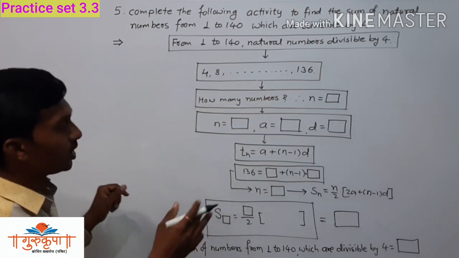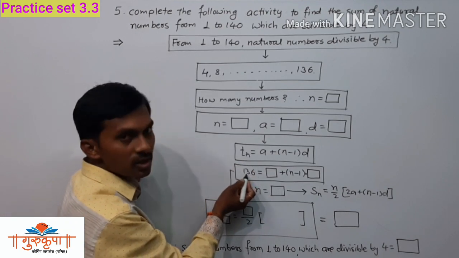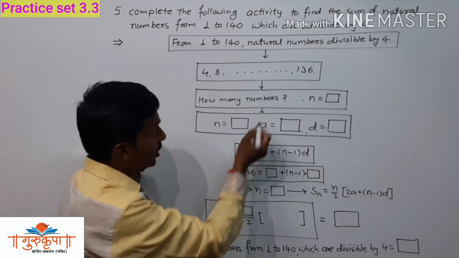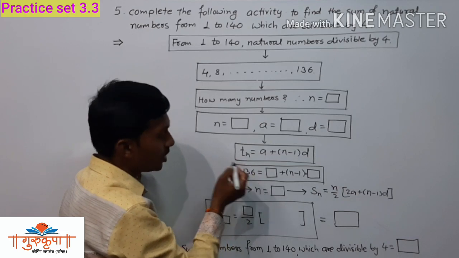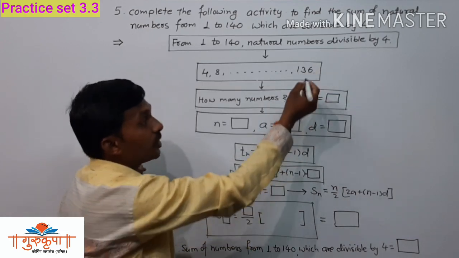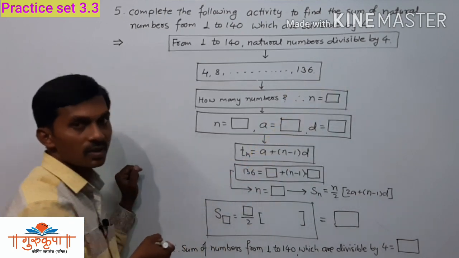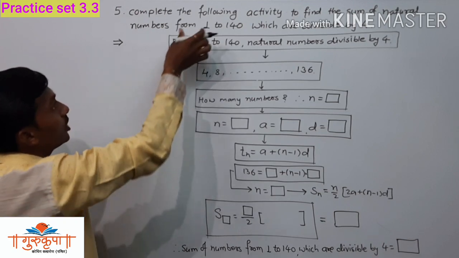Now everything is going to change, since here Tn, that is the last term, is considered as 136. So we cannot write 140 here. And if we write 140 here, then we have to write 140 here also. So it is better to make a change here.